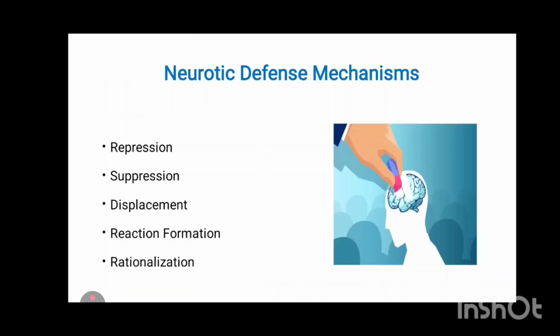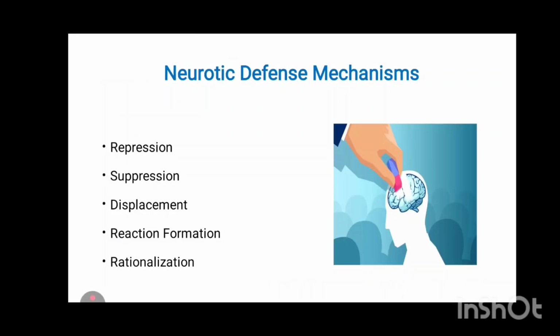Next is neurotic defense mechanism. The first one is repression. This is unconsciously blocking painful or unacceptable thoughts from awareness. For example, a person who experienced childhood abuse has no memory of the event. Next is suppression.